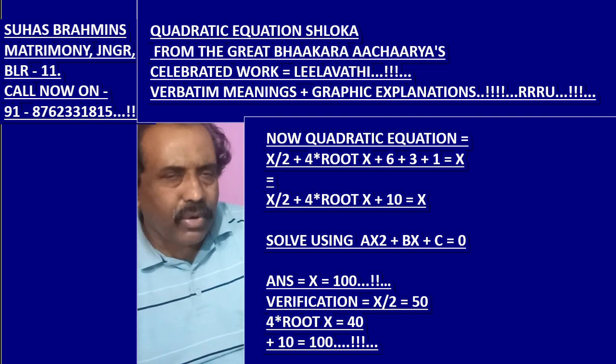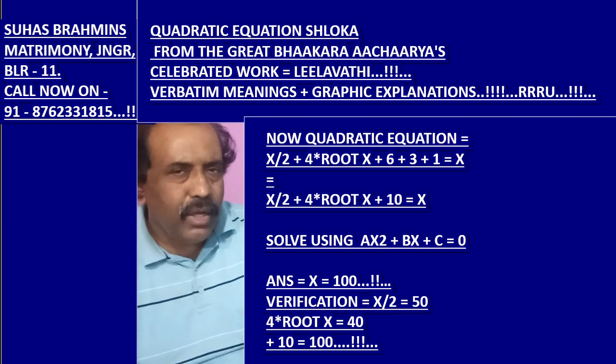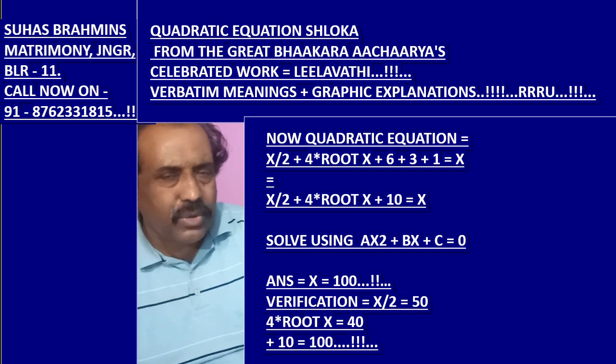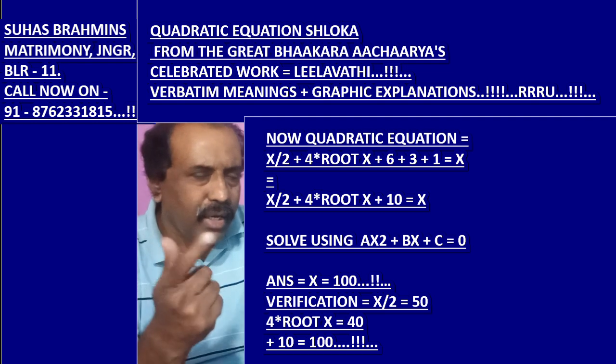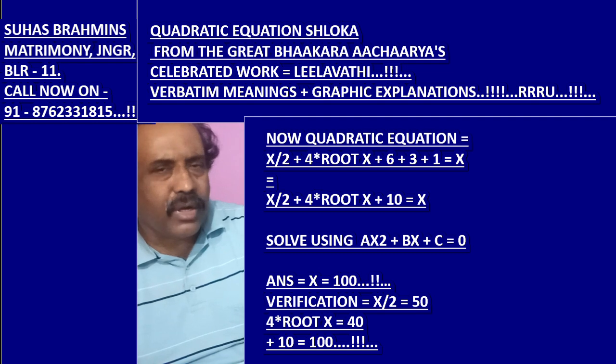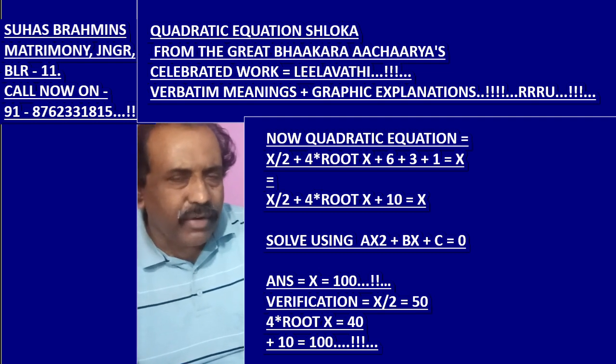Moving on, 4 root x, 4 times root 100 is 4 times 10, that is 40. He used to kill horses. So 50 plus 40 became 90. Remaining is 10. 6 were used to kill Shalya, 3 used to chop off his umbrella, flag and bow, and then the final one he delivered by chopping off Karna's neck. Fantastic, isn't it, my dear friends?